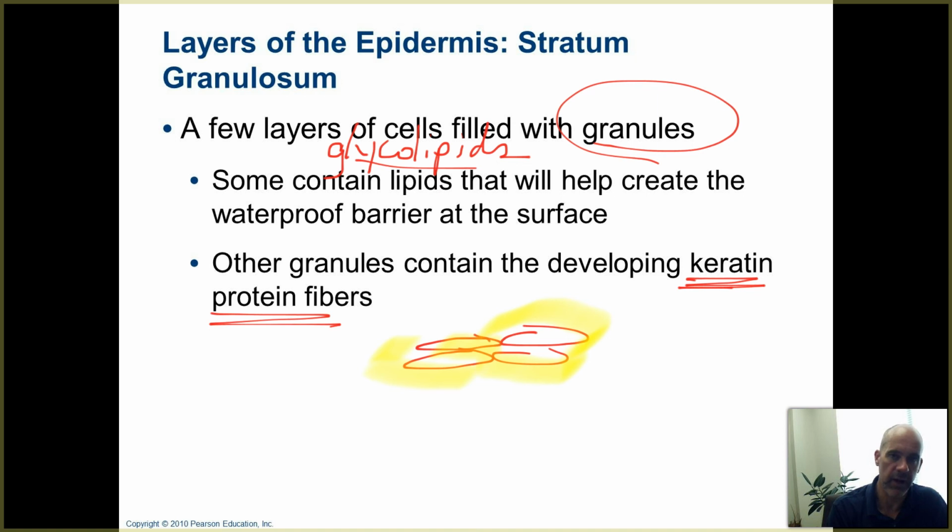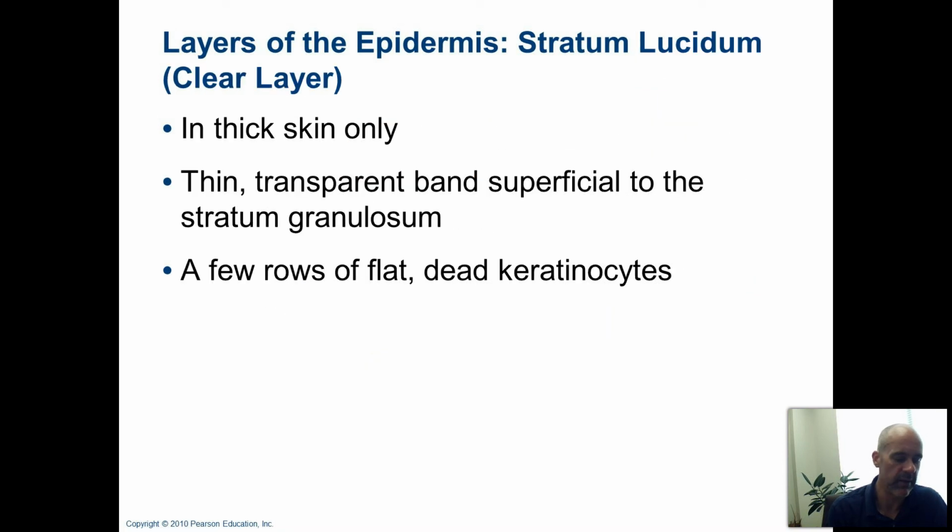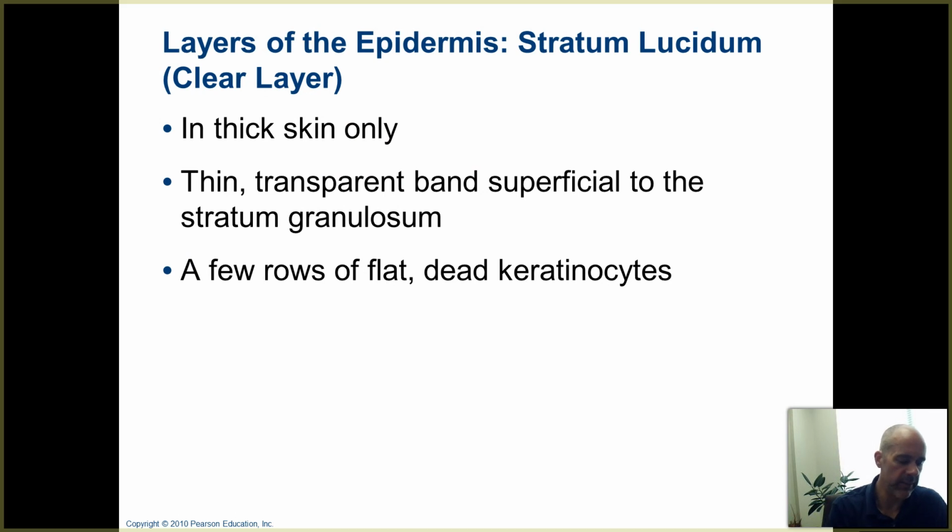They're very weak because they're cut off from the blood supply that you have down in the dermis. Alright, in thick skin areas of the body you do have that stratum lucidum. We talked a little bit about that in the first lecture on the epidermis. If you looked at that under the microscope, it would look transparent, and the cells in there are dead.